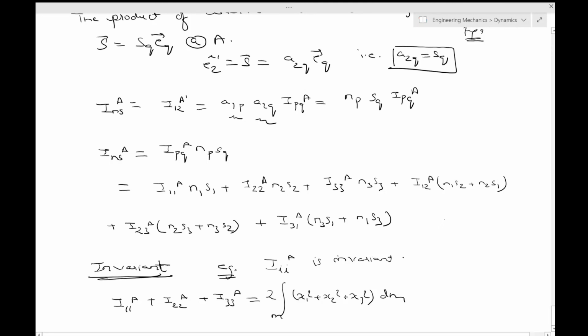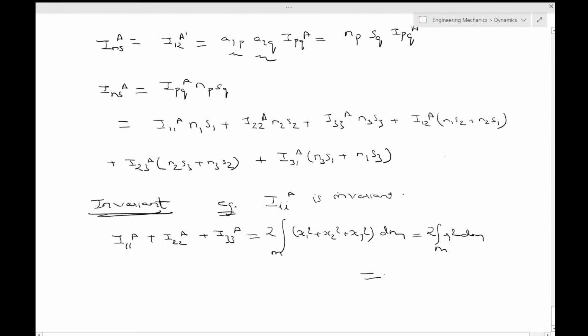So all three of them, if you write, you will get 2 times this integral over m of x1 square plus x2 square plus x3 square, and this is the same as 2 times the integral of r square dm, and this quantity can be written as I11 A dash plus I22 A dash plus I33 A dash.